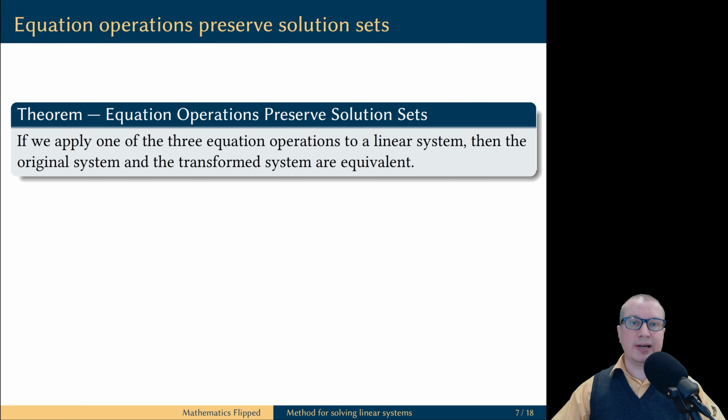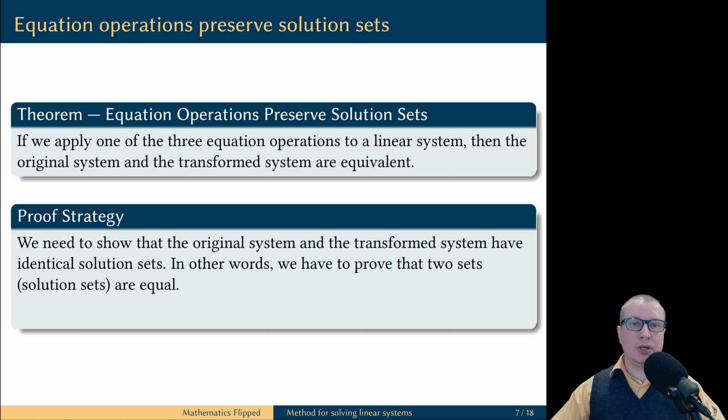We need to know the vocabulary, because if you don't know what it means for two systems to be equivalent, there is absolutely no way you can prove that two systems are equivalent because you don't know what you're trying to prove. Let's recall that two systems are equivalent if they have the same solution set. So making this translation of the term equivalent systems, we need to prove that two systems have equal solution sets.